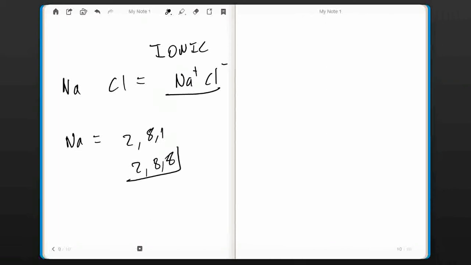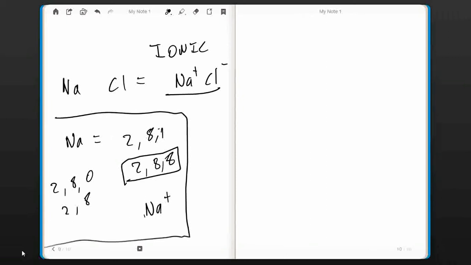But it can't really get 7 electrons very easily. So usually when it's closer to 0 there, it'll cut down and it will become 2, 8, 0. So we can just write that it's 2, 8. If you get rid of 1 electron, then you have a positive charge, so it's Na plus. So that's why sodium forms Na plus and not Na 7 minus. If you added 7 electrons on and became 2, 8, 8, you actually don't ever get that. You always get this.